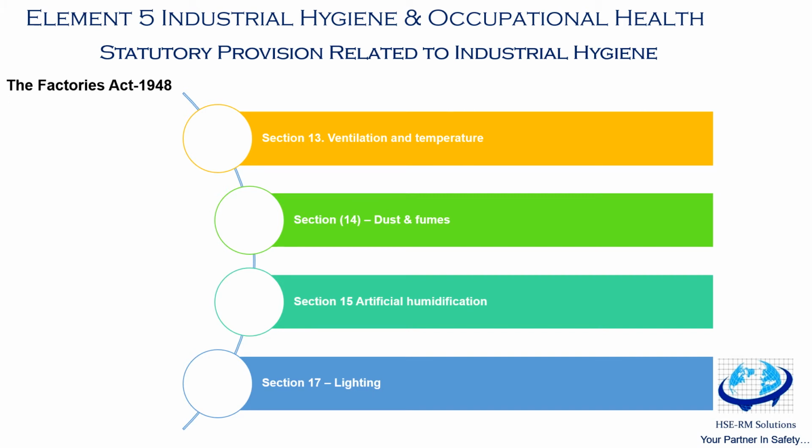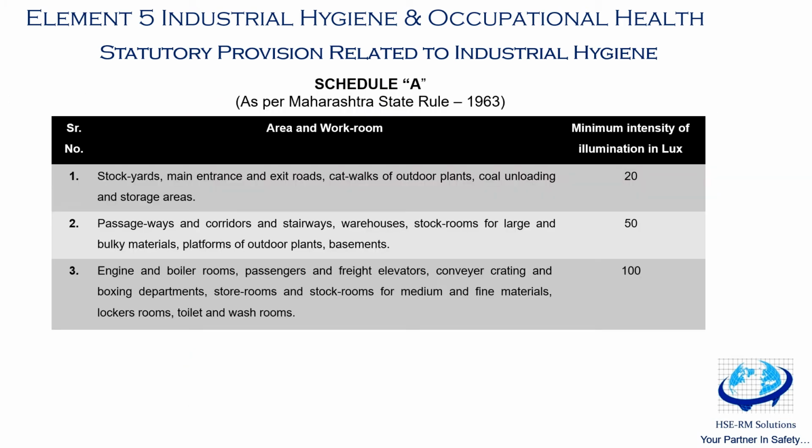Now here we will be discussing typically the lighting aspect, so internal lighting. Let us understand what a state government act says, because mostly it has been adopted now. So let us see what it says.